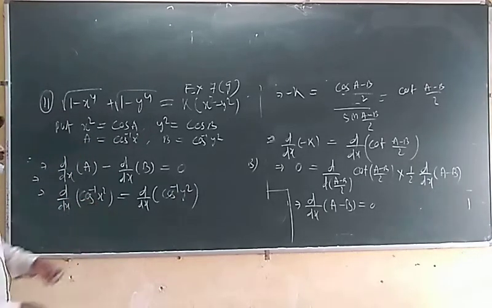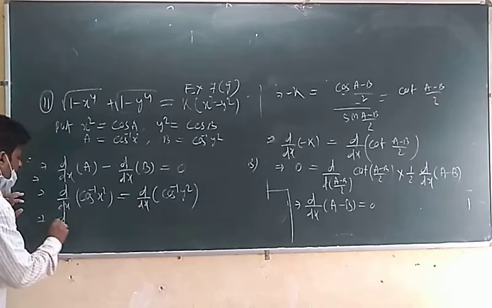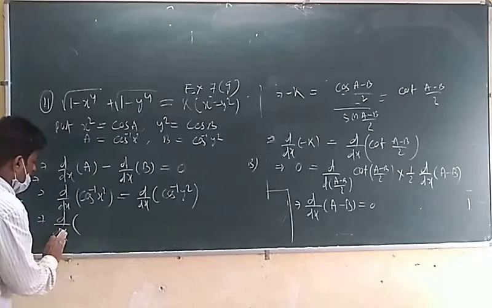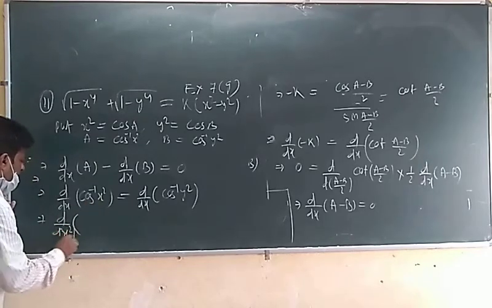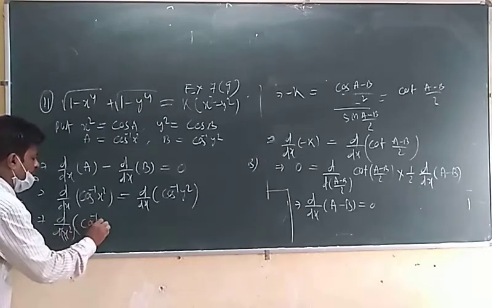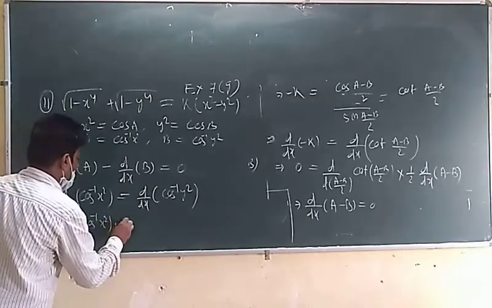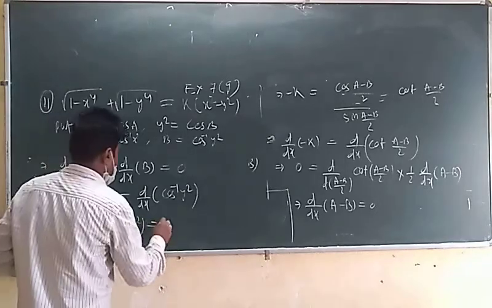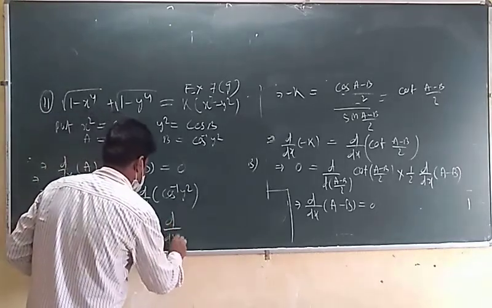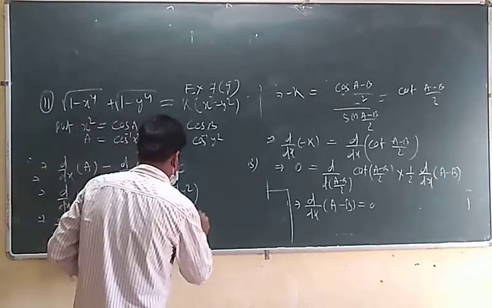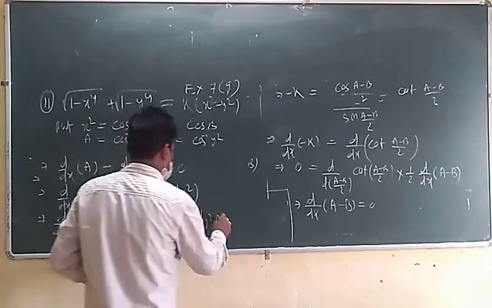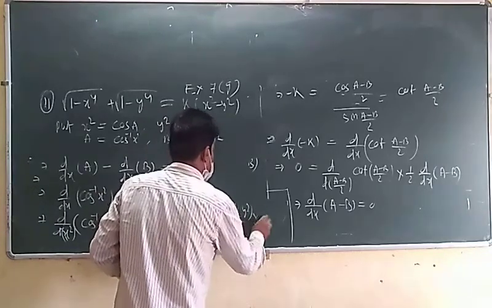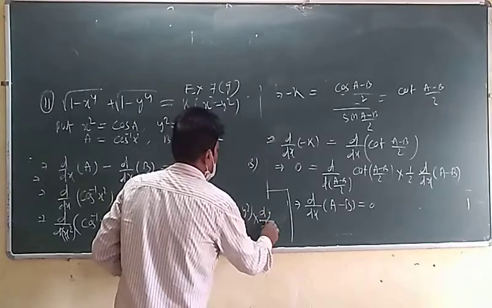Using chain rule, taking x square as t, d by dt of cos inverse t into d by dx of x square. Similarly, in this case, d by dt of cos inverse y square into d of y square by dy into dy by dx, using chain rule three times.